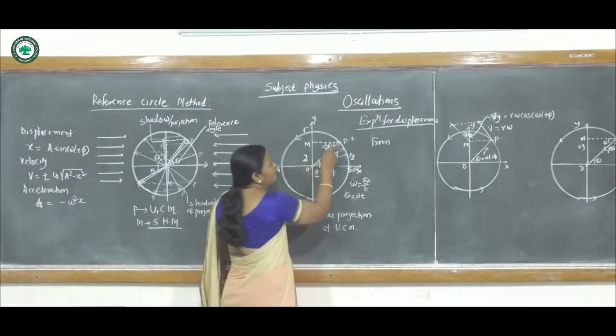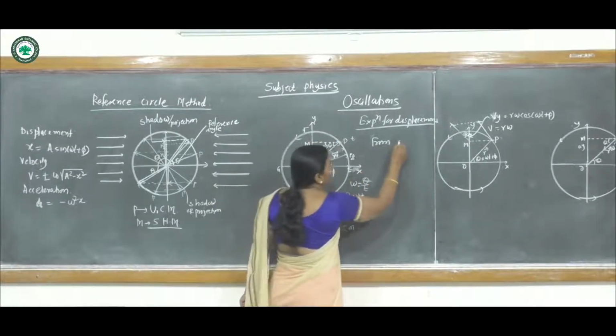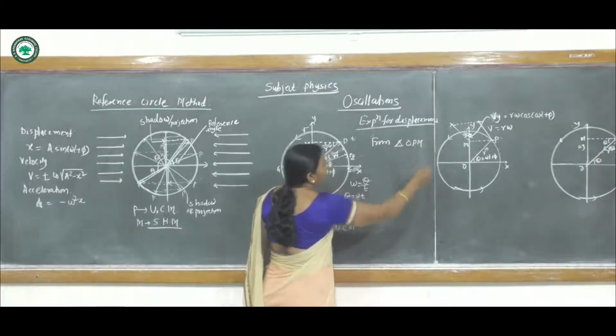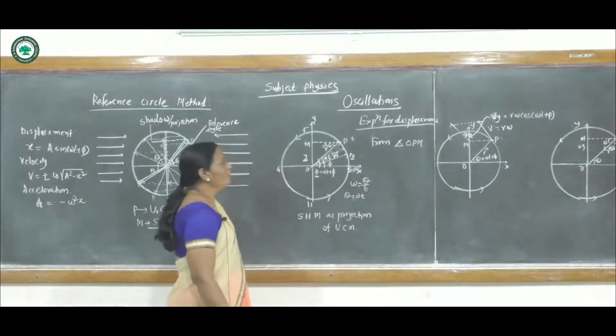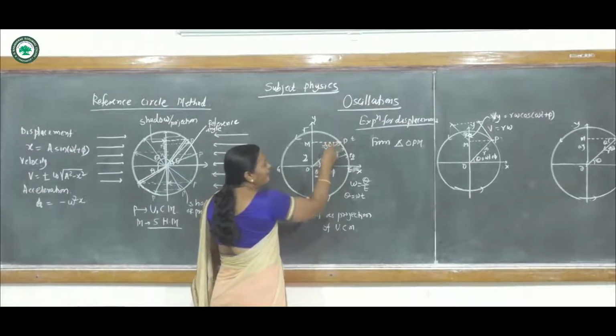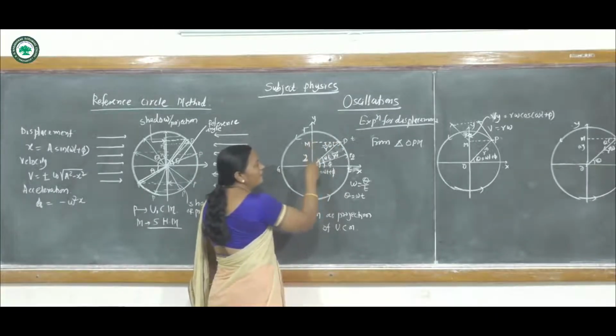Now from the triangle OPM, this is one side at a right angle, this is the hypotenuse, and this is the other side.